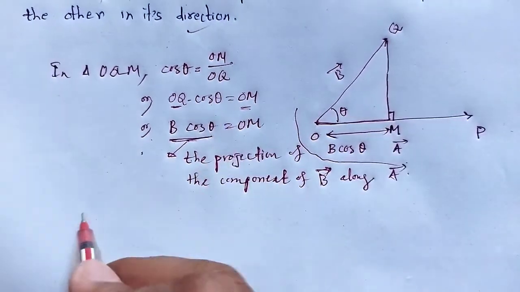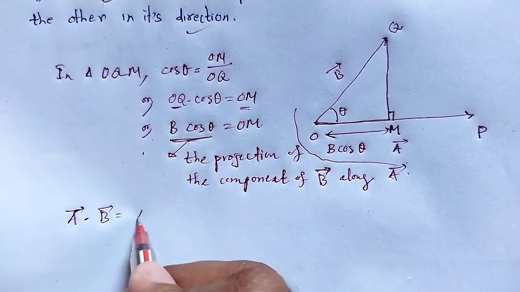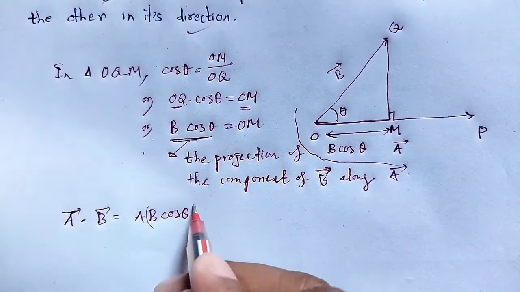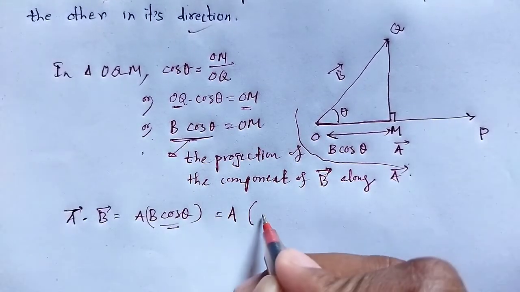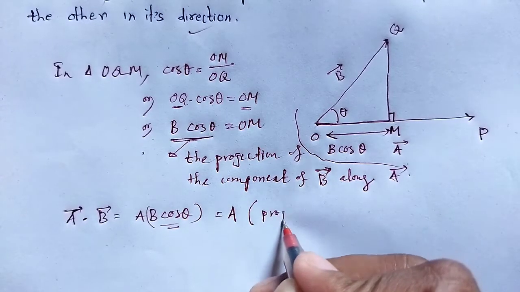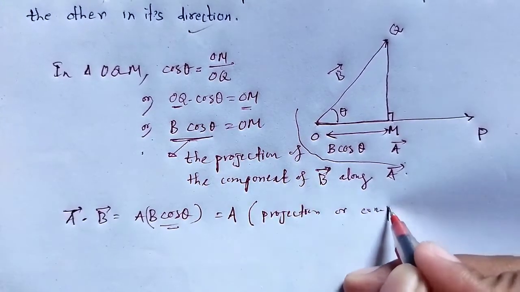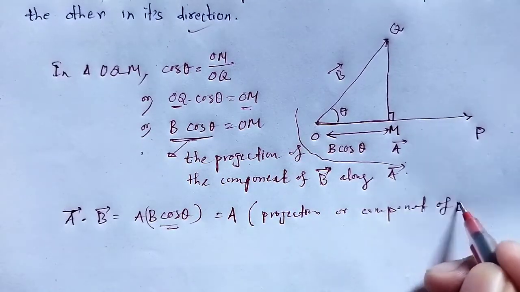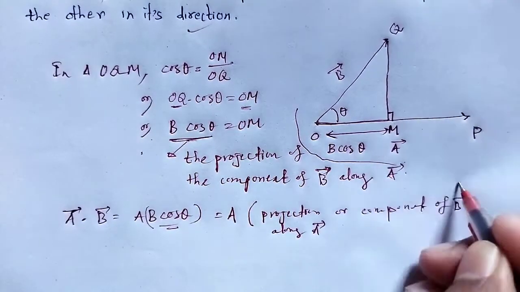Hence, what is the physical meaning of A dot B? AB cos theta. So in place of B cos theta, I can write A into the projection, or we can say the component, of B vector along A vector.